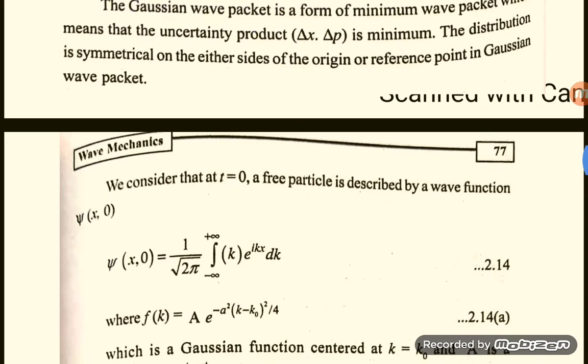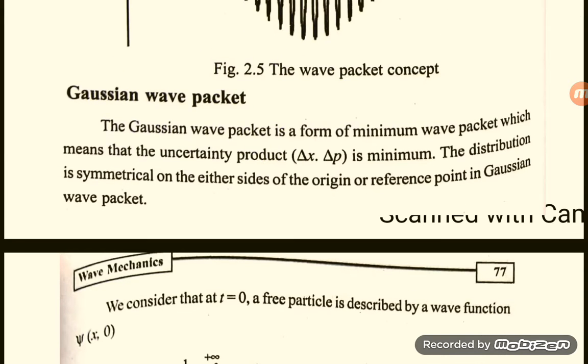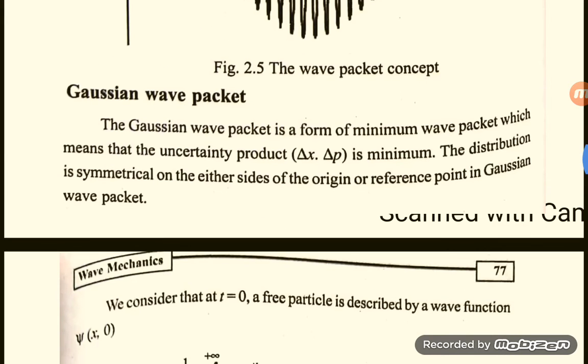So we consider at t equals 0, a free particle is described by a wave function psi of x comma 0. In general the wave function is psi of x, t.